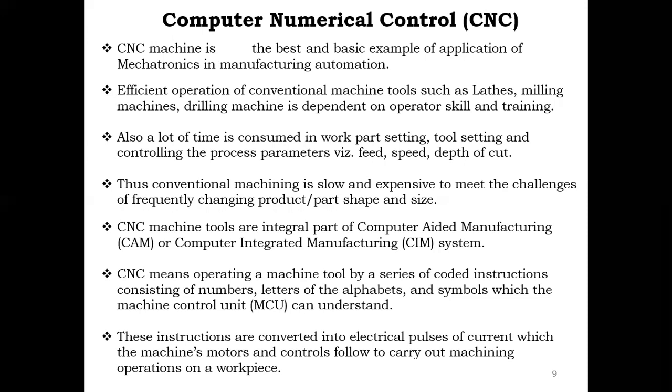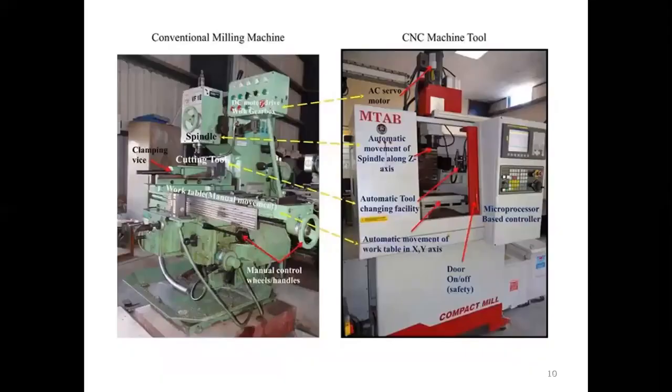We need to program the CNC machine. These instructions are converted into electrical pulses of current which the machine's motor and control follow to carry out machining operations on a workpiece. This is CNC. This is the example for a conventional milling machine as well as a CNC machine.